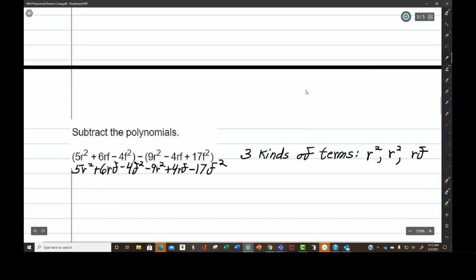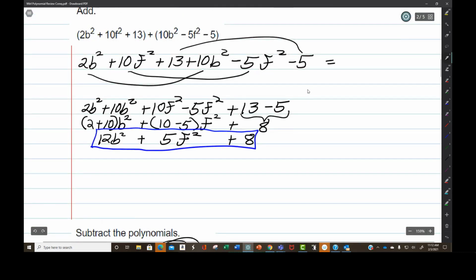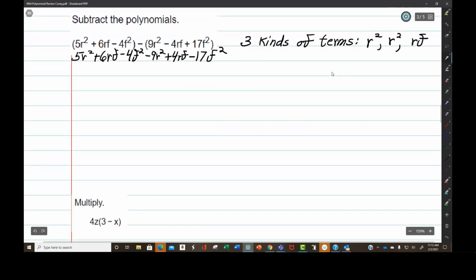Up here, when we added, this is the same thing as if I have an invisible 1 in front of both sets of parentheses. Anytime you multiply by 1, you just get back what you started with. But when you're subtracting, it's a whole different deal. You have to be very careful.